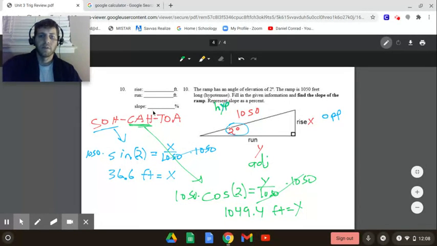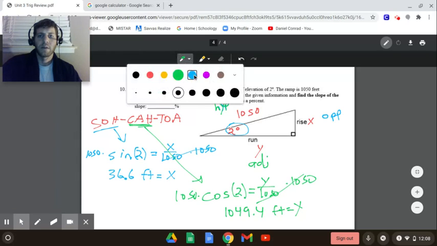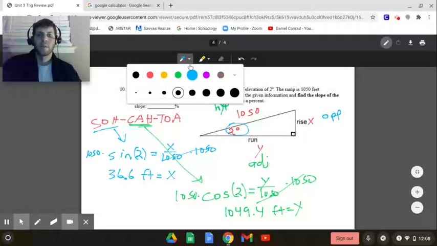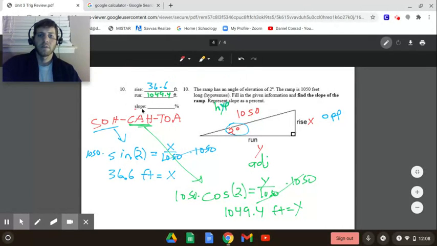All right, so we can fill those in: 1,049.4, and our rise was 36.6. The last part wants our slope. Slope is rise over run. Oops, there's an E in slope.